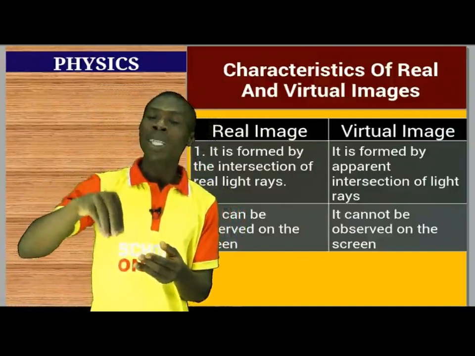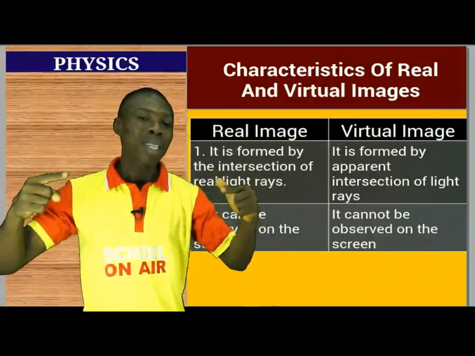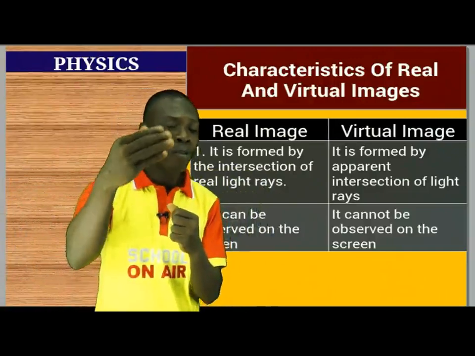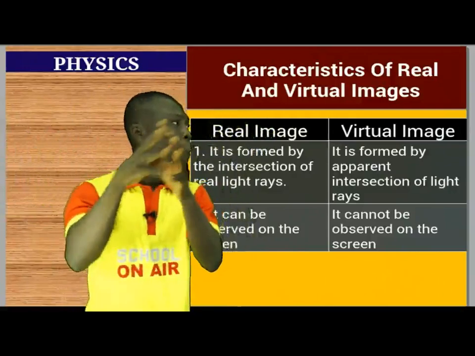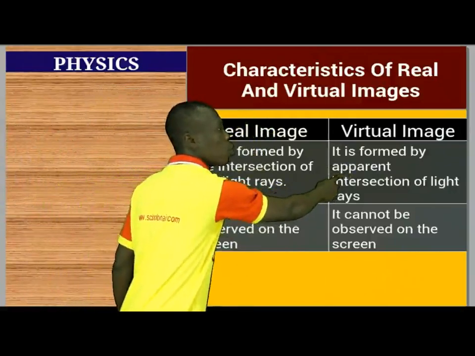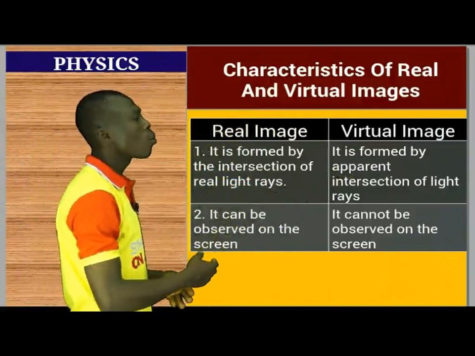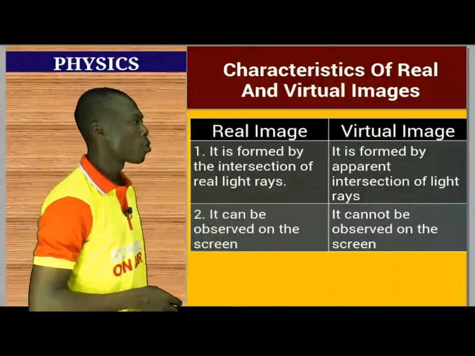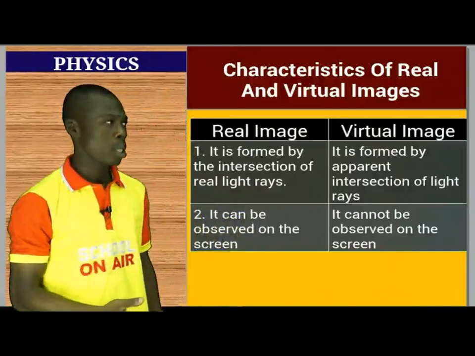Make sure anytime you are defining principal focus, that the word appear is included, because these things are not actually there. We believe that probably that is where they come from. So that's why the word apparent is used here. So real image is formed by intersection of real light rays, while virtual images are formed by apparent intersection of light rays. And then also, real image can be observed on the screen.